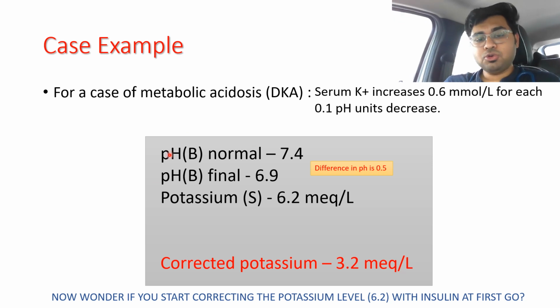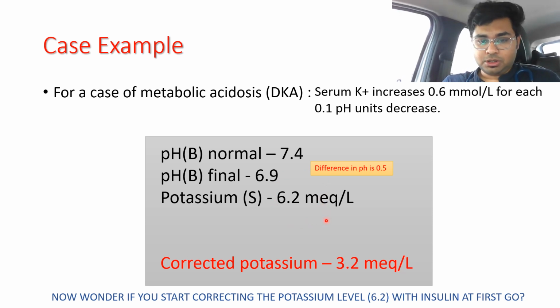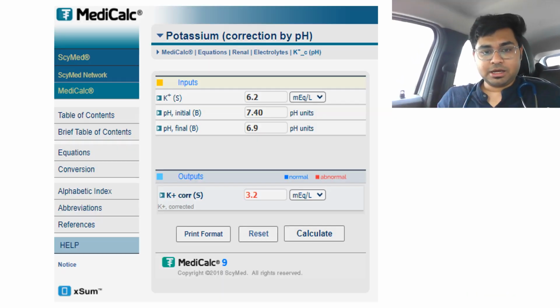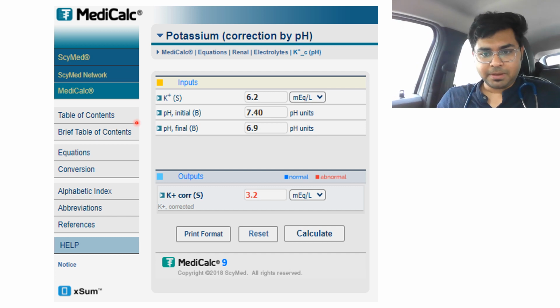So don't go for the first notion that your patient has a potassium level of 6.2, so it's hyperkalemic. No, you have to correct the potassium level, get the actual potassium level by this calculation, and then start the treatment of that patient. You can also use this medical calculator. Here I have put in the similar parameters.